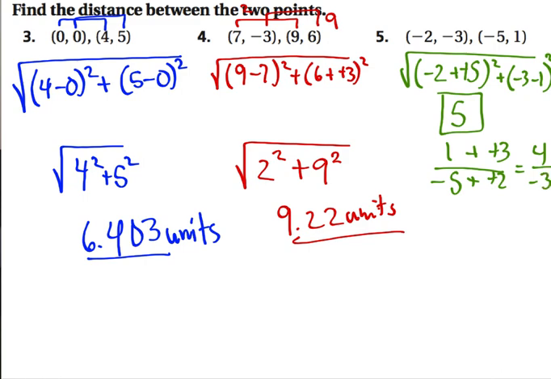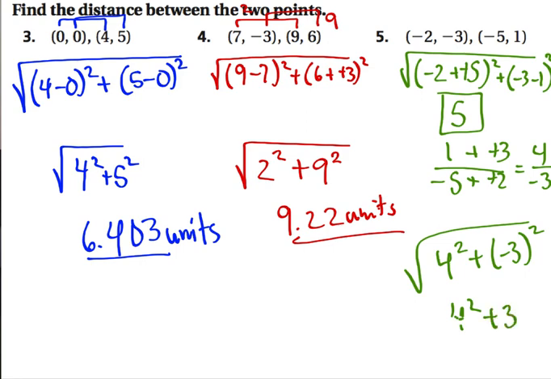Now the negative can be plugged into the simplified distance formula, because when you square a negative, it comes out positive anyway. And knowing that, you could actually save yourself some time by just using 4 squared plus 3 squared and square rooting that. It'll give you the same answer.